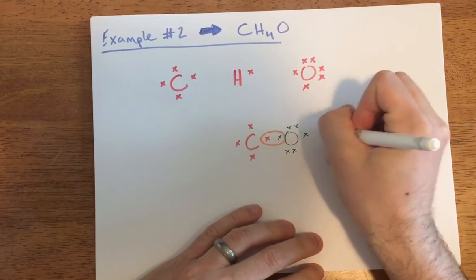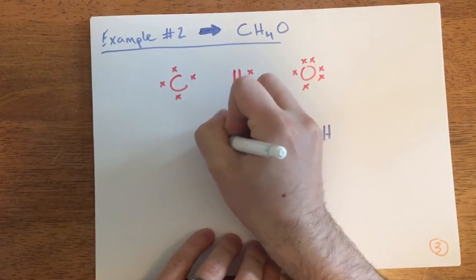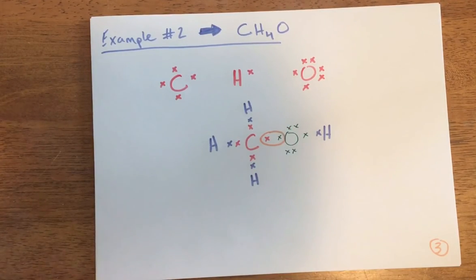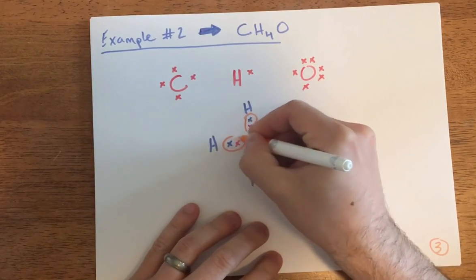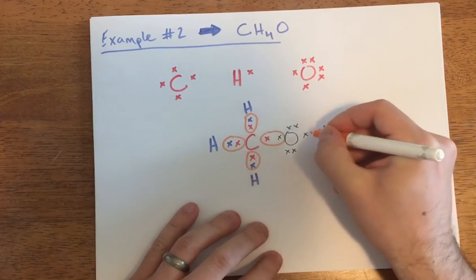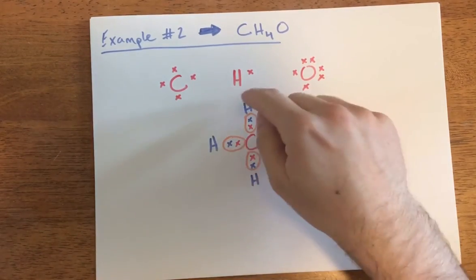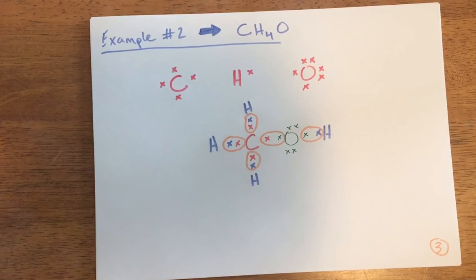So there's 1, 2, 3, and 4. And we can complete this by circling these electrons to show that they are indeed creating single bonds. So we have a carbon bonded to 3 hydrogens and an oxygen, and the oxygen's spare electron is bonded to the hydrogen on the outside. So this one's a little more complicated, but it is all single bonds. There's no double bonds there.